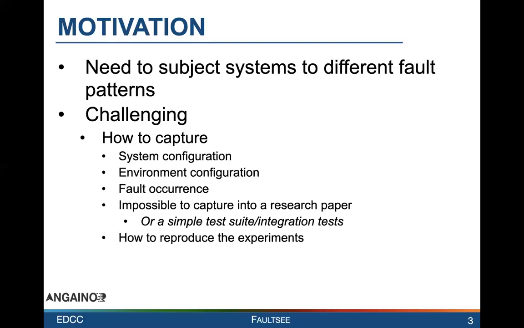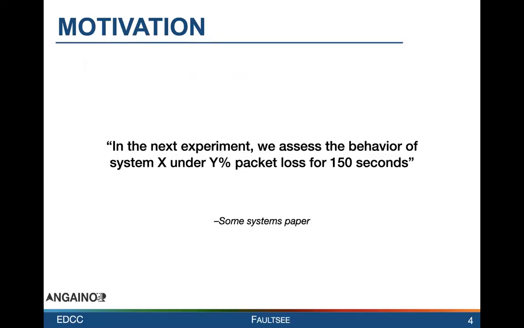And finally, we want these experiments to be reproducible, because otherwise it would be quite difficult to draw strong conclusions about the experimental results. Let us consider one hypothetical scenario that we can find in many research papers of an experiment that tries to do the following.